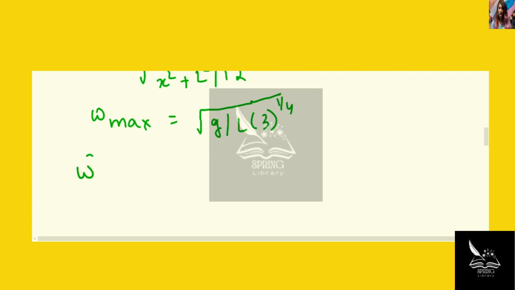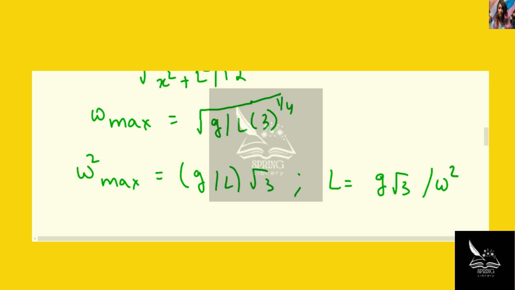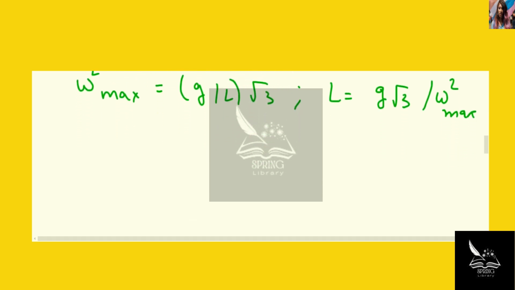Therefore, omega square max, this is omega max. This is g by L root 3. Therefore, L equal to g root 3 upon omega square max. From here, from omega max, we are getting 2 pi rad per second.